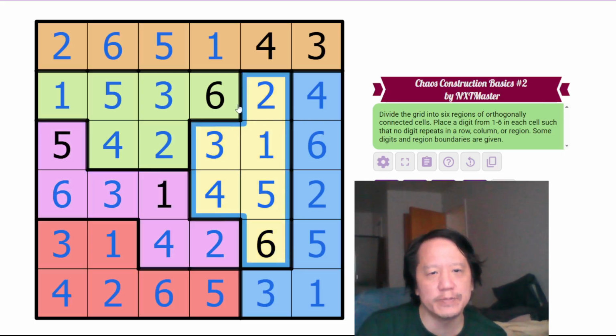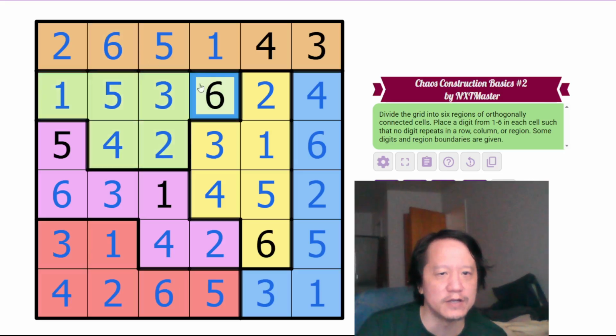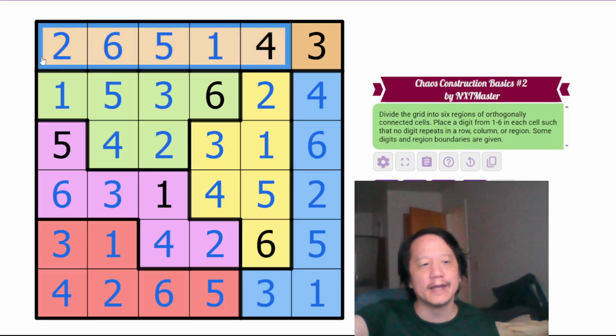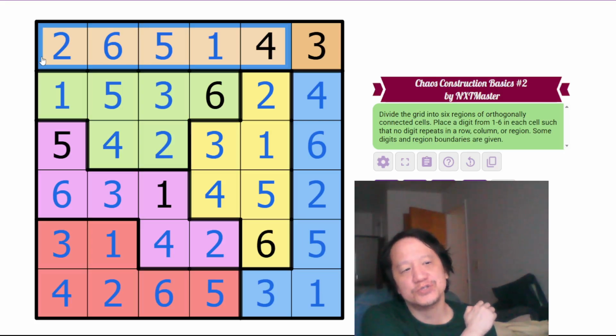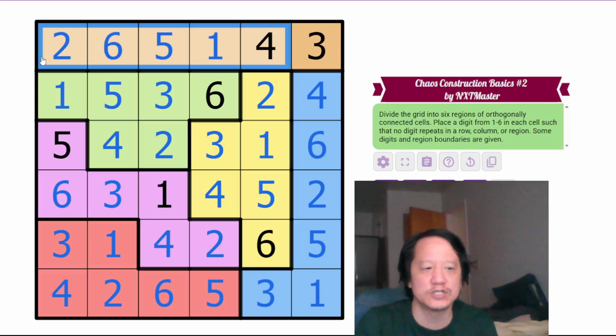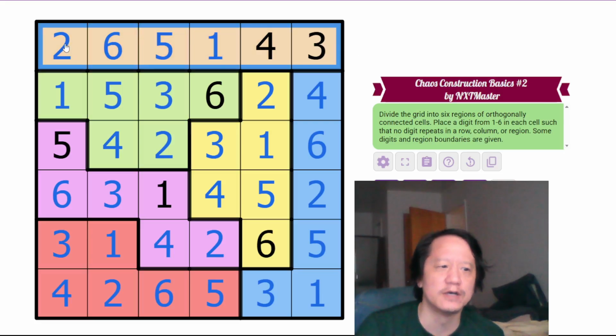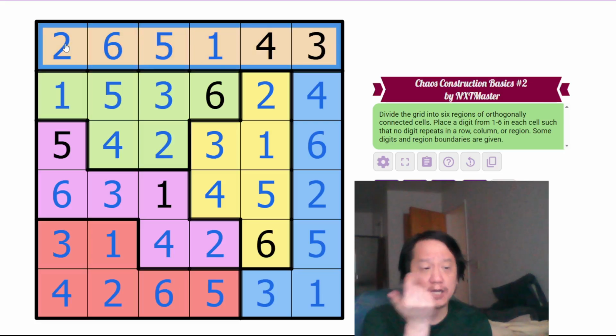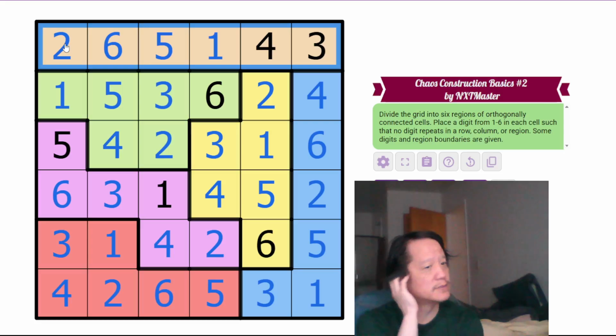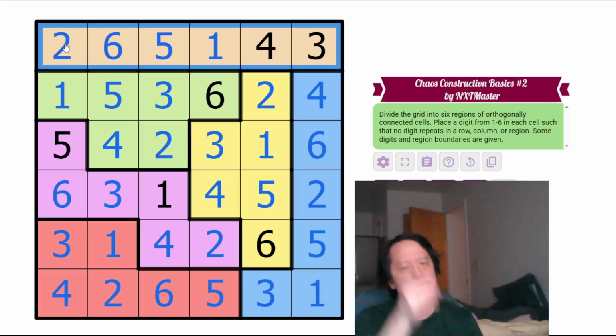And then the second part is sometimes you need to find where numbers can be and where the regions can get their missing digits, essentially. So you'll use that quite often too in chaos construction puzzles, because it is a very restricting possibility. But again, in 9 by 9 it becomes quite a bit less restrictive, because there are many possibilities potentially. But you'll use that quite often.